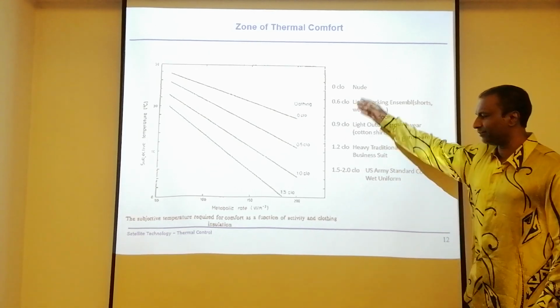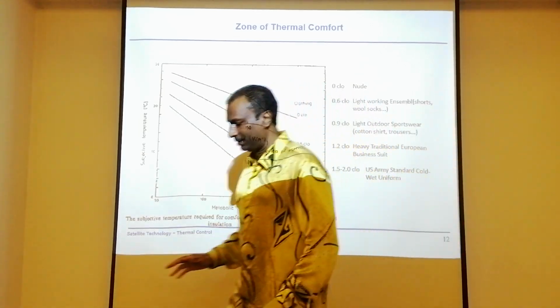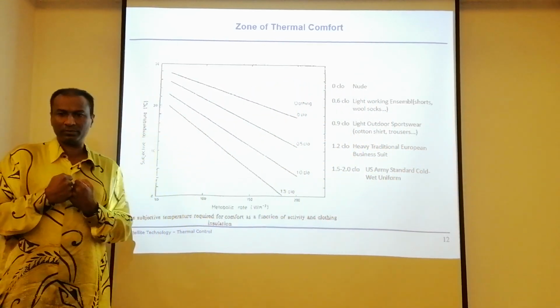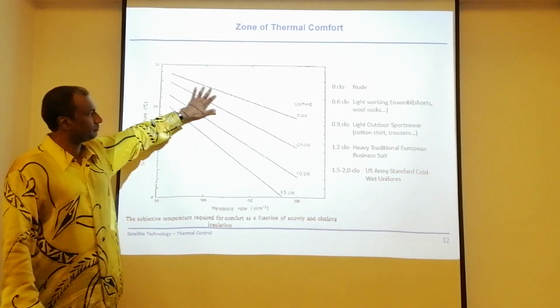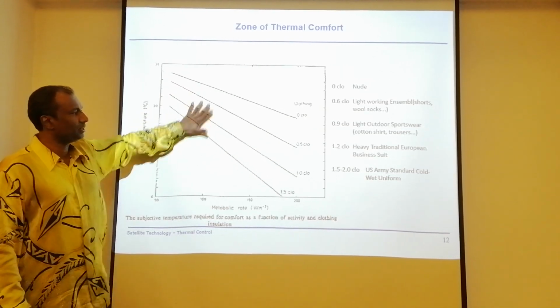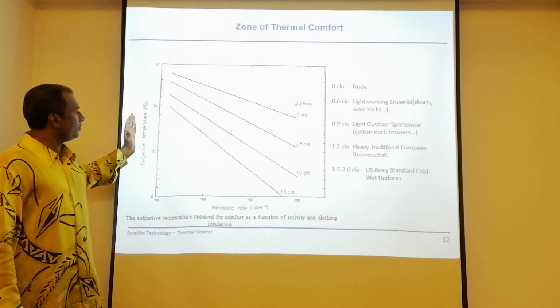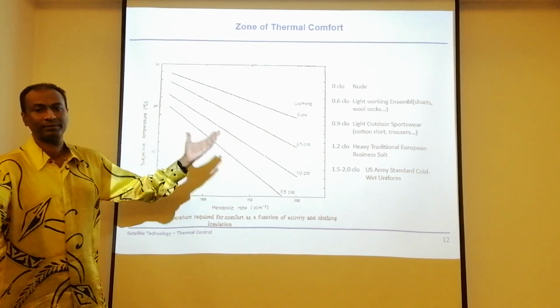Likewise, this is just to give you an example. The same amount of heat, with no clothing and with heavy clothing, tells you the actual temperature regime that I need to maintain outside.